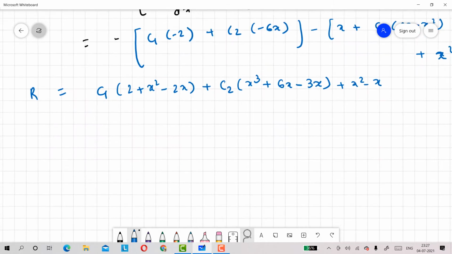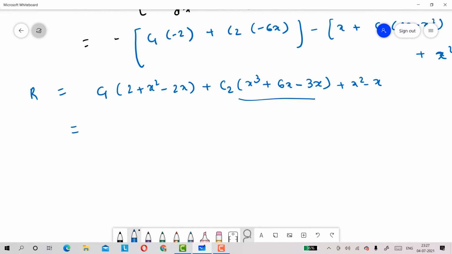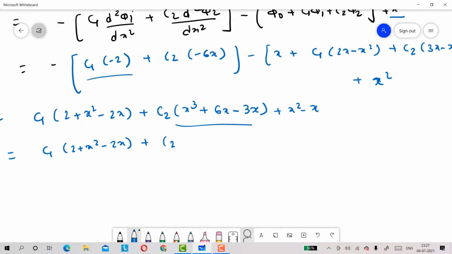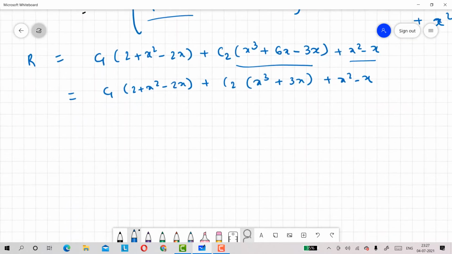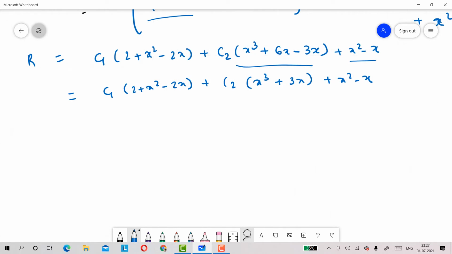What we did was take the c1 values together, the c2 values together, and the rest of the terms together. So this will become x cube plus 3x plus x square minus x. So we have calculated our residue.